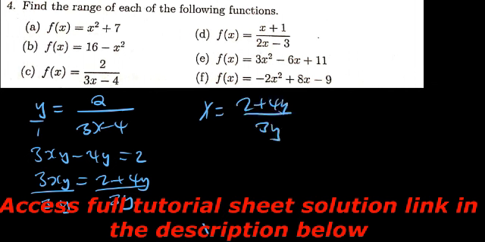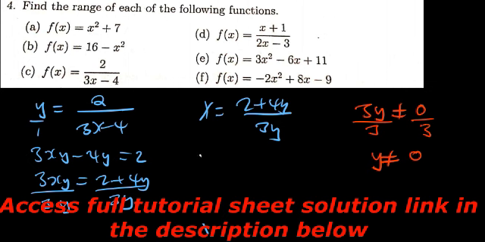So you focus on the denominator. Set the denominator not equal to 0. 3y should not be equal to 0. Then make y the subject of the formula, divided by 3 by 3. y should not be equal to 0 over 3, which is 0. What does it mean?